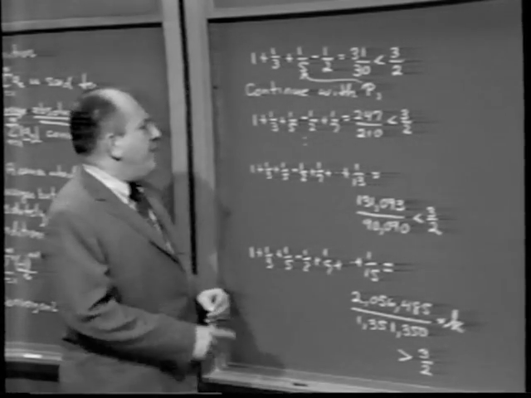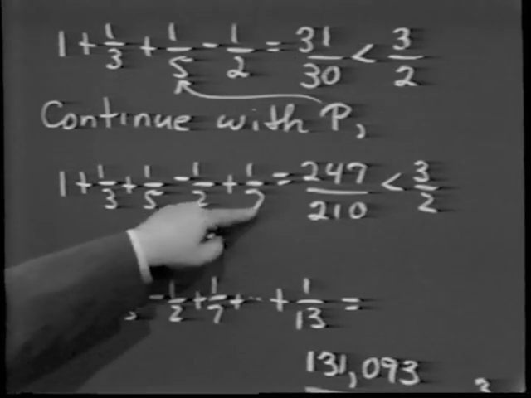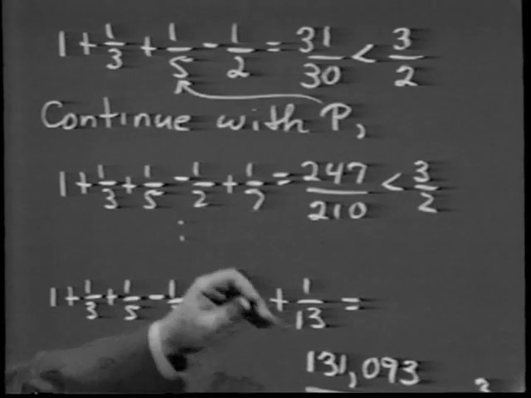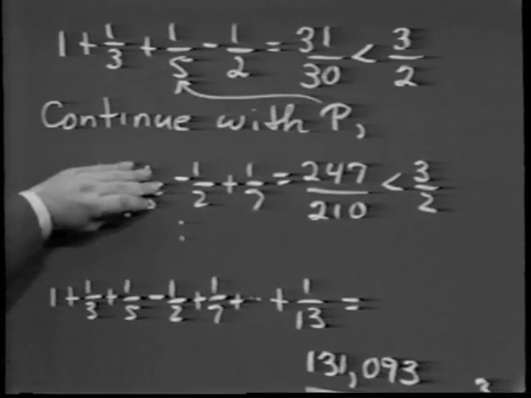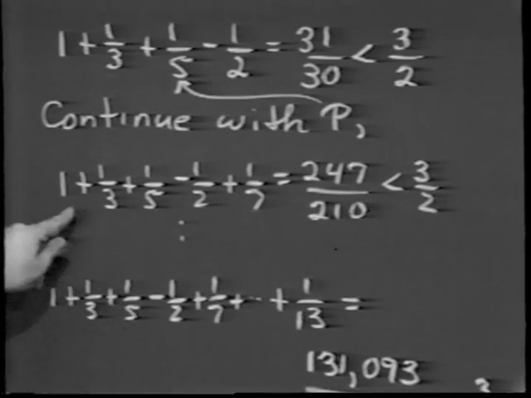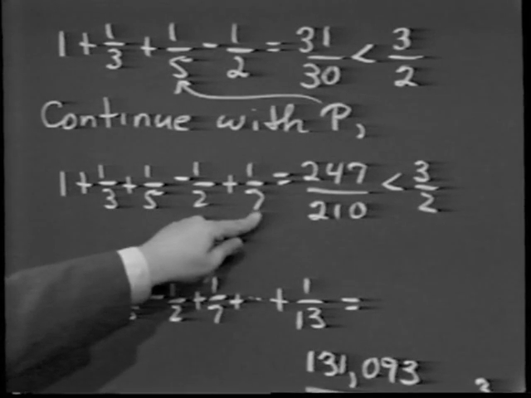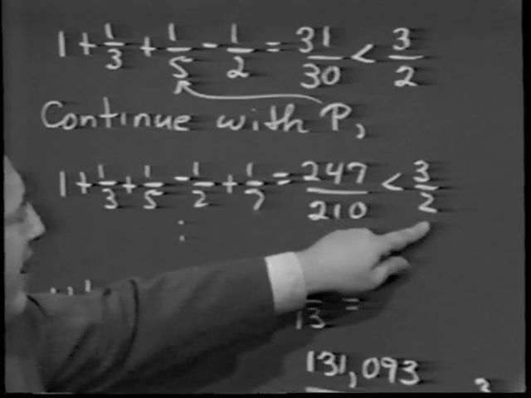In other words, if this series, 1 plus a third plus a fifth plus a seventh, diverges to infinity, the fact that I chop off those terms that add up to just in excess of 3 halves, what's left is still going to diverge to infinity, so I can keep on going this way. You see, I add on 1/7. The result turns out to be 247 over 210, which is still less than 3 halves.